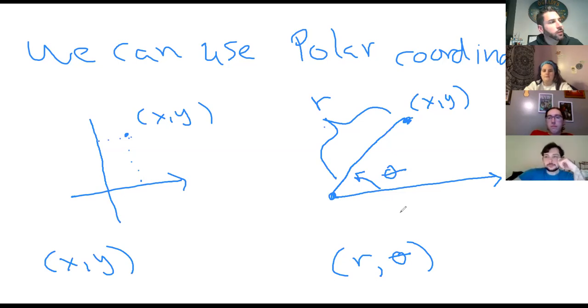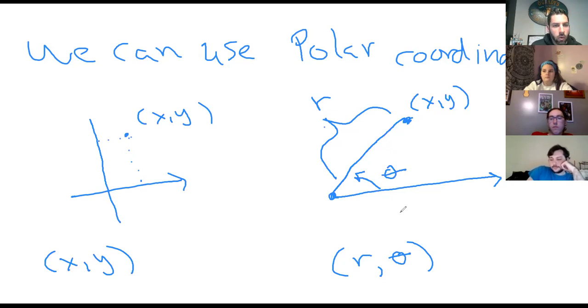So basically what we're saying is the way I measure a location in rectangular coordinates is I take the distance from the horizontal axis and the distance from the vertical axis. But polar coordinates says, let's take advantage of how symmetry, particularly circles, work, and let's measure angles and distances.